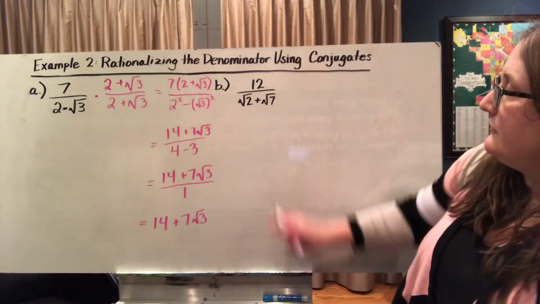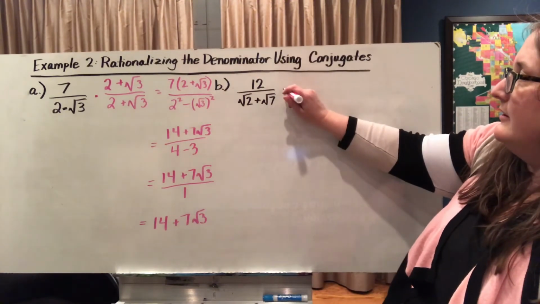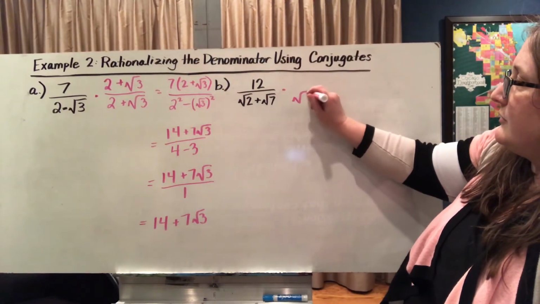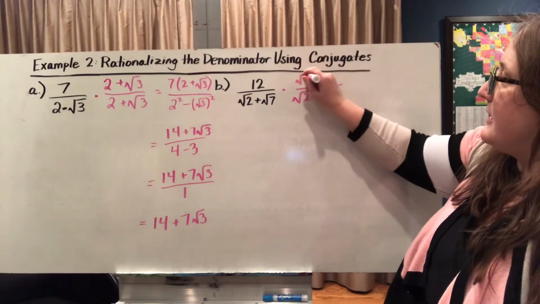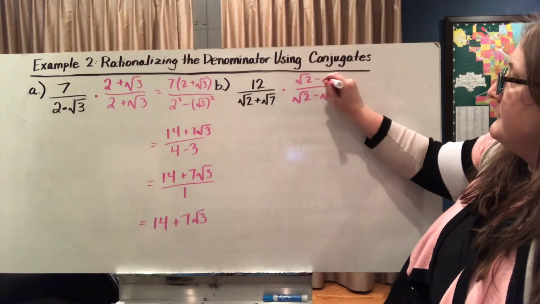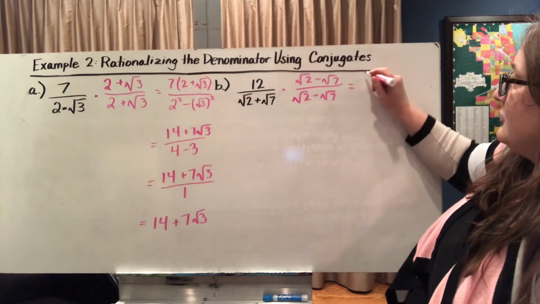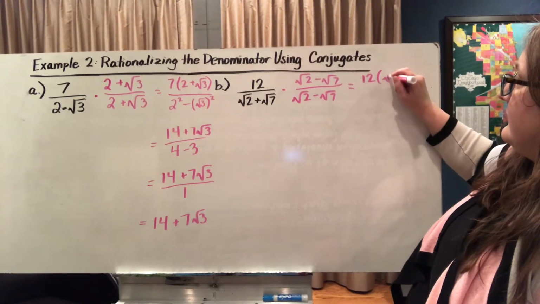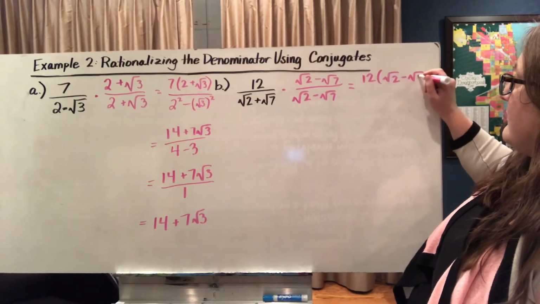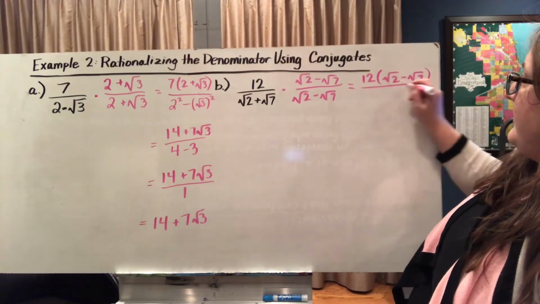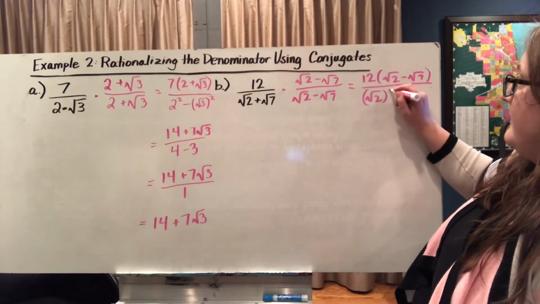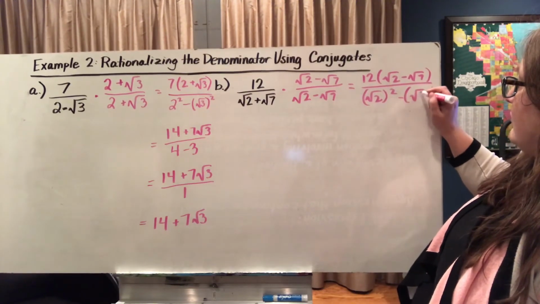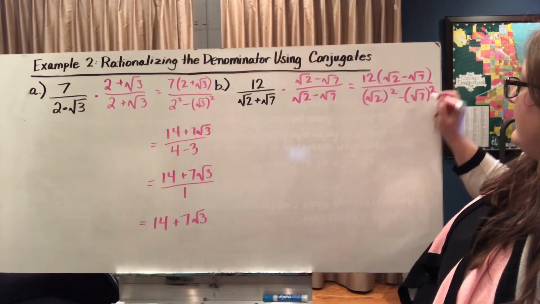So here my conjugate would be square root of 2 minus square root of 7. So I'm going to do that to the top and bottom. I have to make sure it's equal to 1, which on top I'm going to get 12 times the square root of 2 minus the square root of 7. And on the bottom here, it's going to be my first term squared minus my second term squared.